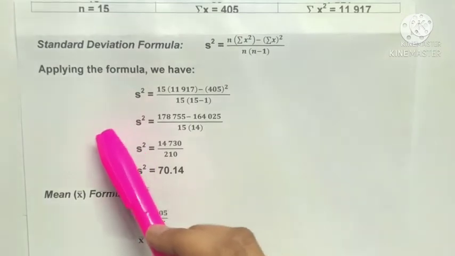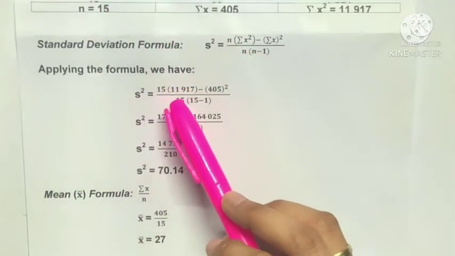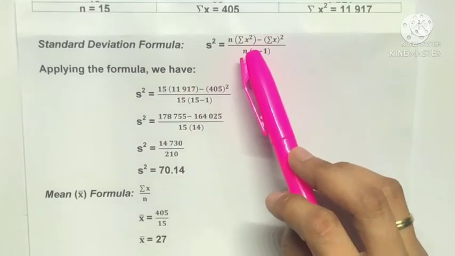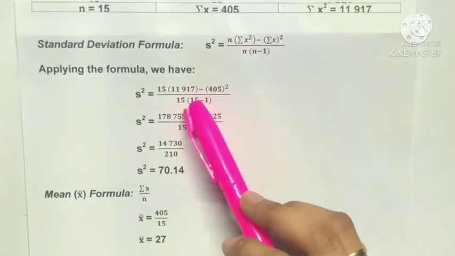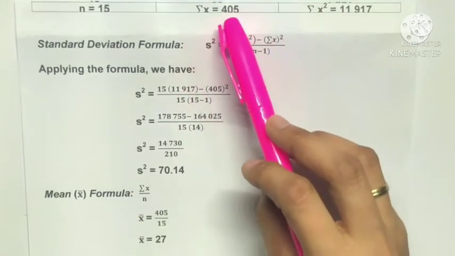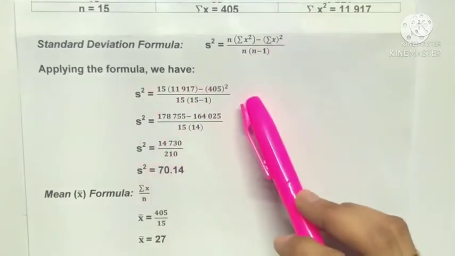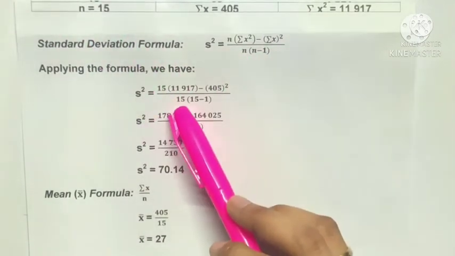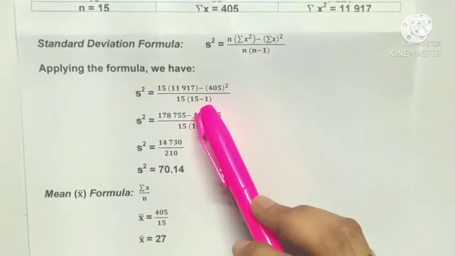So applying the formula, n is 15, so we'll just have 15. Summation of x squared is 11,917, minus, summation of x is 405, quantity squared, over n, which is 15, times n minus 1, 15 minus 1.